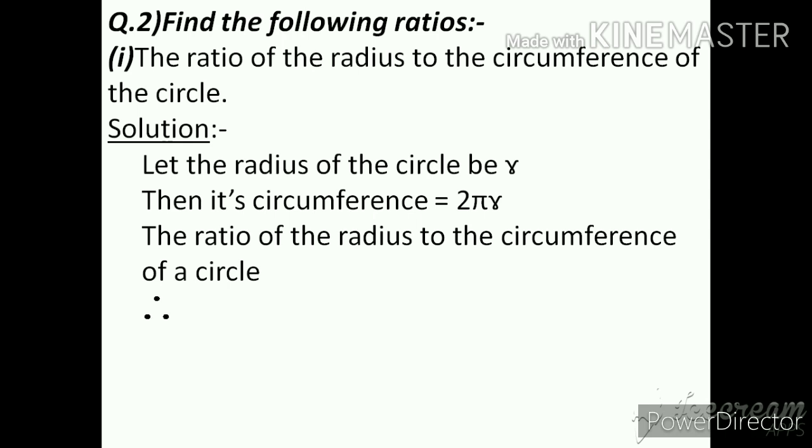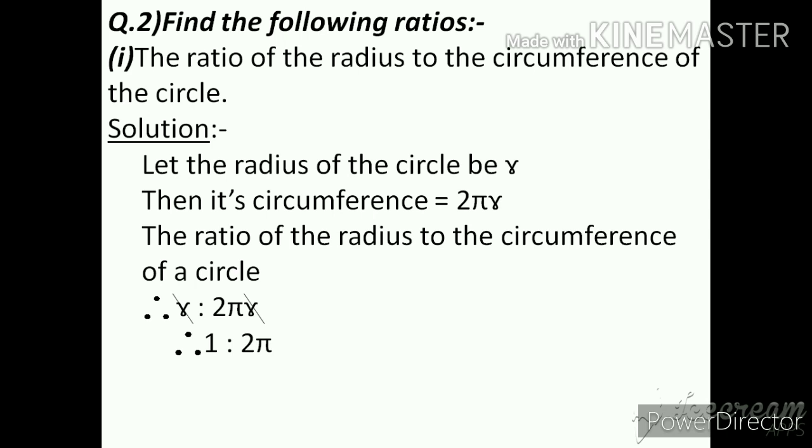Therefore, r is to 2 pi r. Here, children, we have to divide these two numbers. So r and r both get cancelled. So the answer will be, children, therefore 1 is to 2 pi.